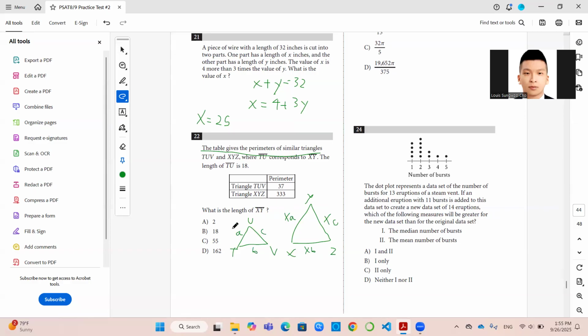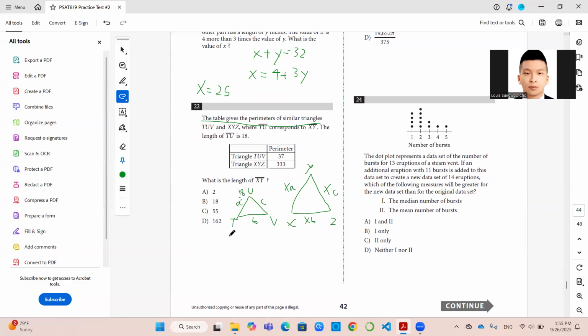And we're given TU as 18. So I can find a relation here. So A plus B plus C is equal to 37, and XA plus XB plus XC is equal to 333.